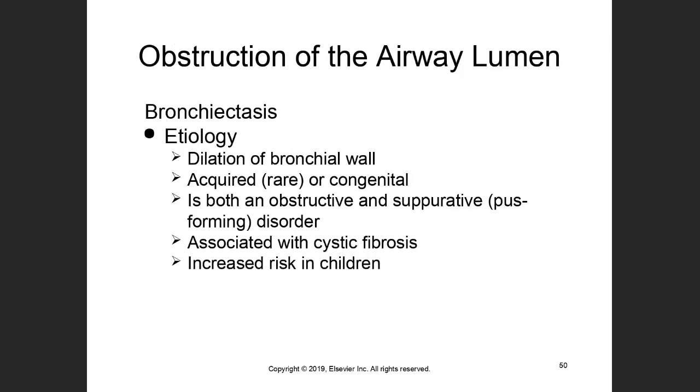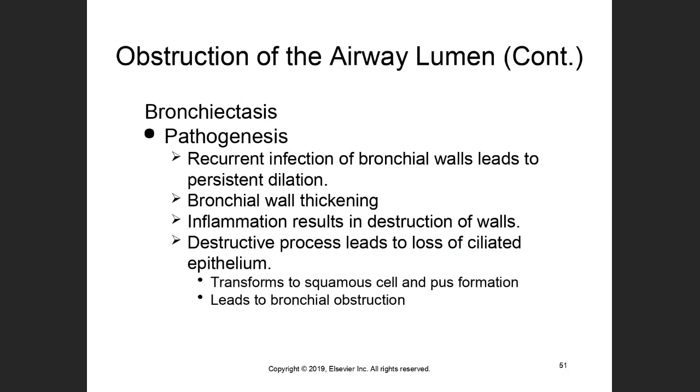Bronchiectasis is dilation of the bronchial wall. It can be acquired, which is rare; most commonly it is congenital, extremely associated with cystic fibrosis because they develop mucus plugs. Pathogenesis: recurring infection of the bronchial wall leads to persistent dilation, bronchial wall thickening, and inflammation resulting in destruction of the wall. The destructive process leads to loss of ciliary epithelium, which transforms to squamous cells, and scar formation leads to bronchial obstruction.